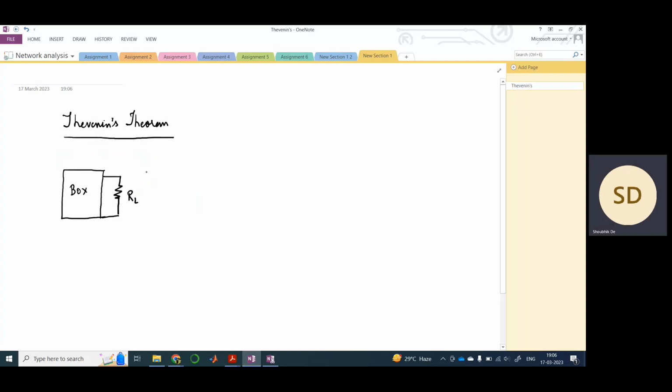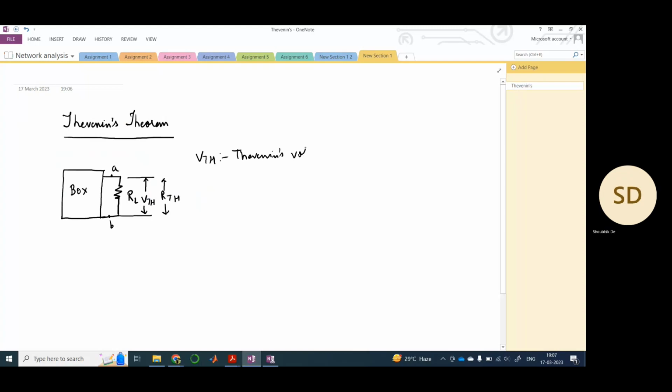Using Thevenin's theorem, you can find the Thevenin voltage across this resistance and also the Thevenin resistance across this terminal. Let's say this is terminal A and this is terminal B. So between points A and B, you can calculate your VTH, which is the Thevenin's voltage, and you can calculate the Thevenin's resistance.